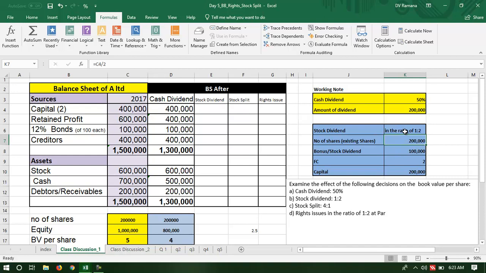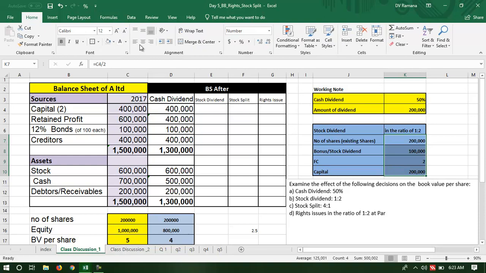Now, we are giving the stock dividend in the ratio of 1 share for every 2 shares. So therefore, the new shares issued to the existing shareholders, because we want to distribute the dividend, is 1:2.